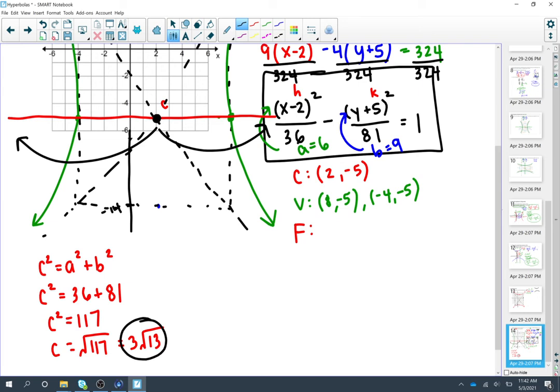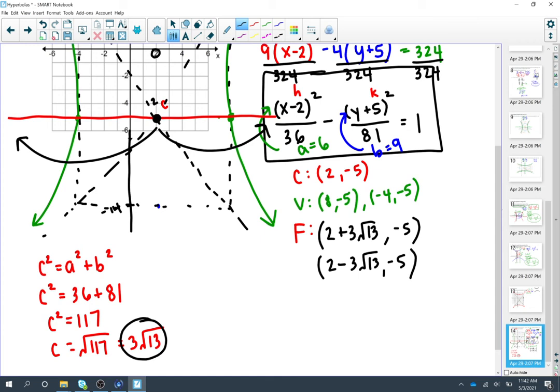And we're already at 2. So our foci are going to be at 2 plus 3 root 13. That will get you the one on the right-hand side. And then down -5. And 2 minus 3 root 13. And then down -5.